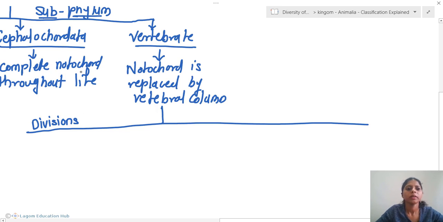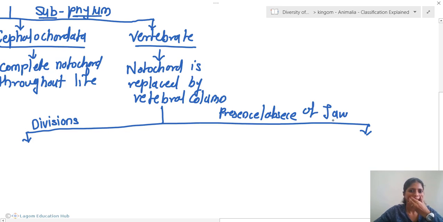Now this classification of subphylum Vertebrata into divisions is on the basis of whether those animals are having jaws or not, means either presence or absence of jaw. Do you understand what jaw means? Jaw means this. We are having jaw, so we come under presence of jaw. And some animals are without jaw.